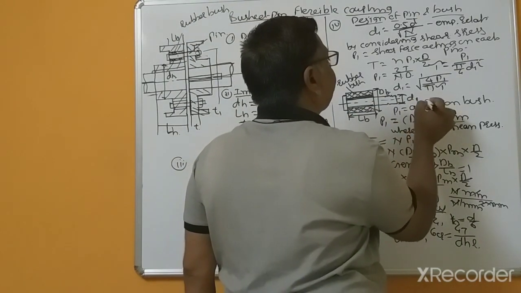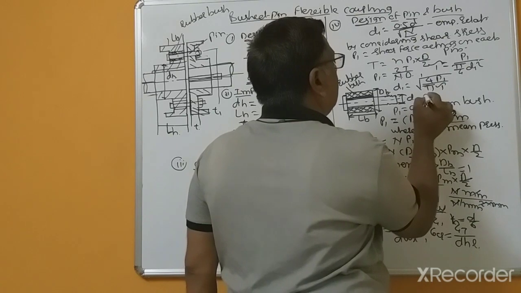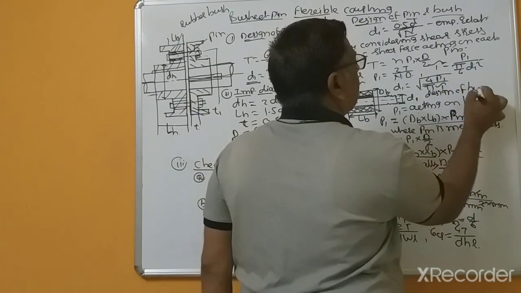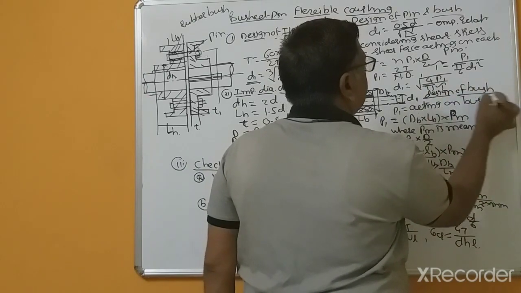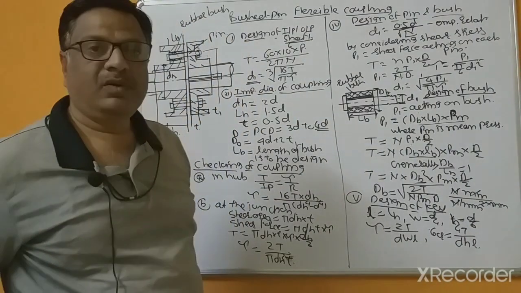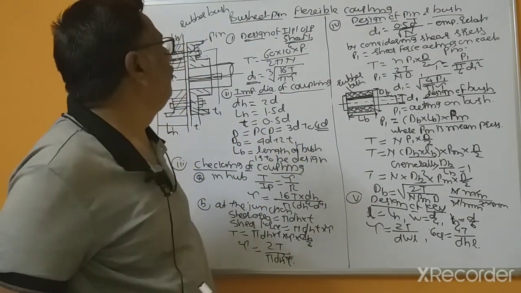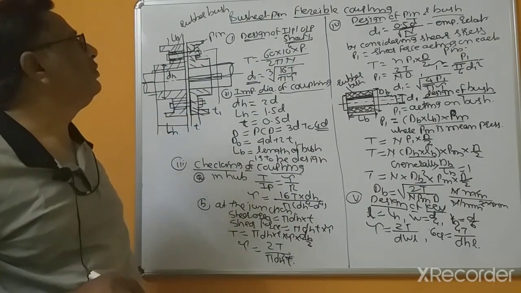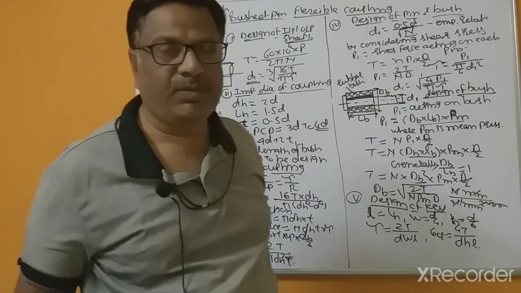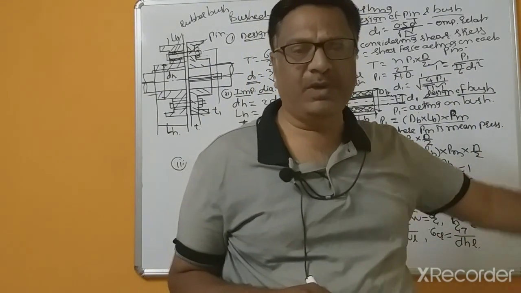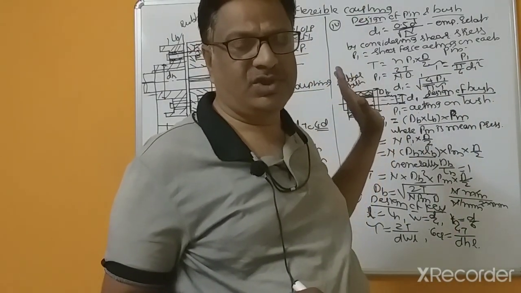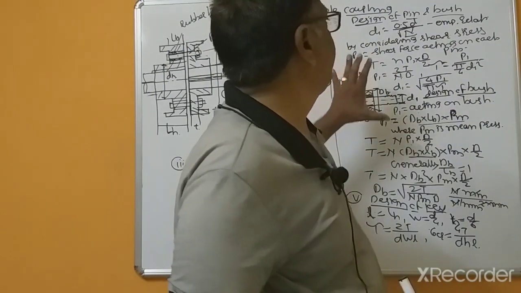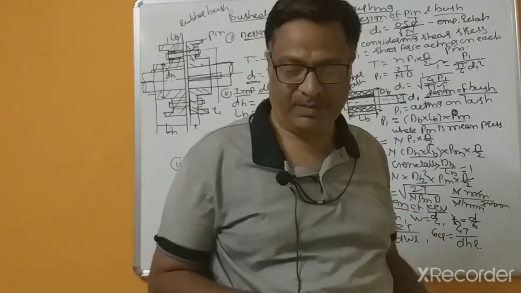So these steps are for the design of the bush. Right? Now you are familiar with the design procedure for pin bush flexible couplings, or bush to pin flexible couplings. The popular name is pin bush flexible coupling, but in the books it is given as bush to pin flexible coupling. Generally in industries these couplings are called pin bush flexible couplings.